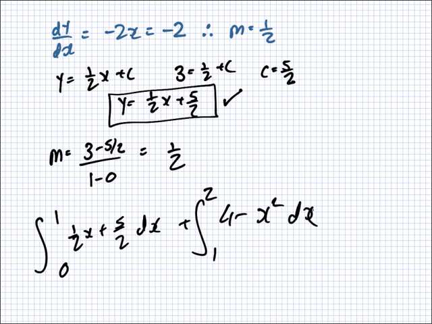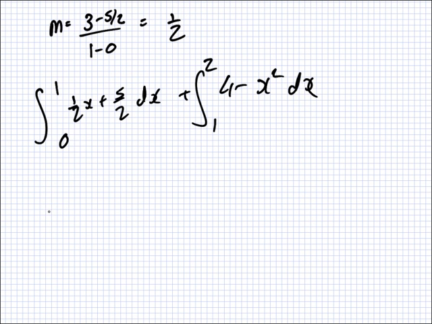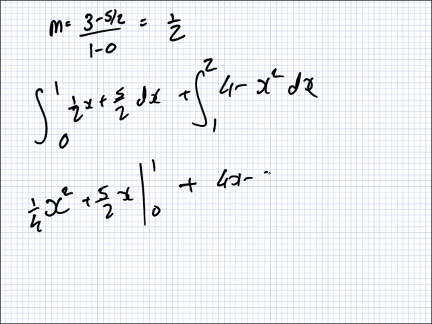Yeah? So let's see, what's that? That's going to be a quarter x squared plus 5 over 2x plus 4x minus x cubed over 3. If I put in 1, I'll get a quarter plus 5 over 2.